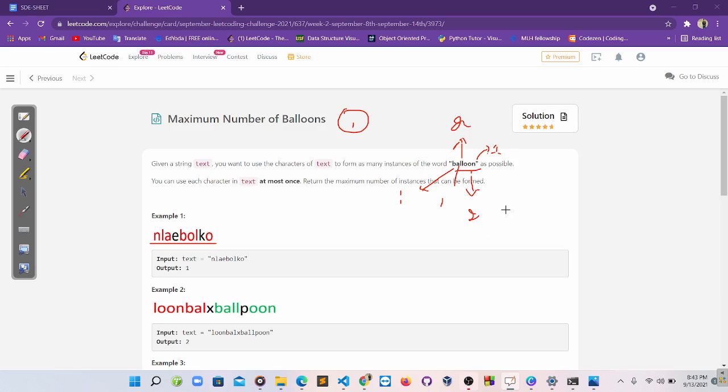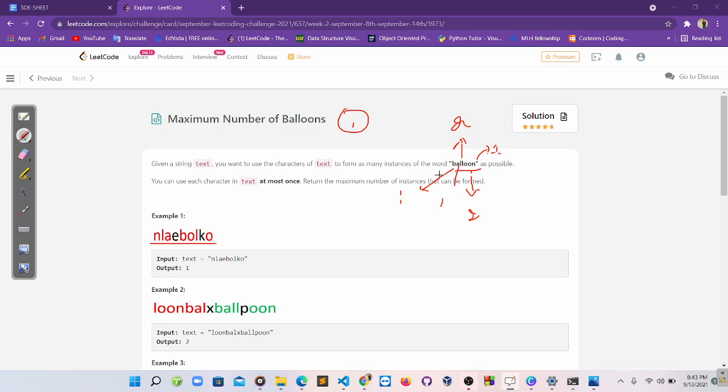So we can simply check how many times the N is repeated, how many times the L, A, or whatever character which is present in balloon is repeated. And from there we can easily find out how many instances we can make.